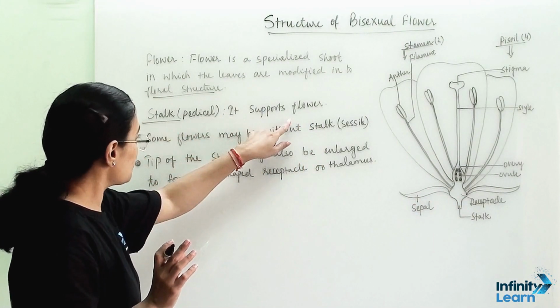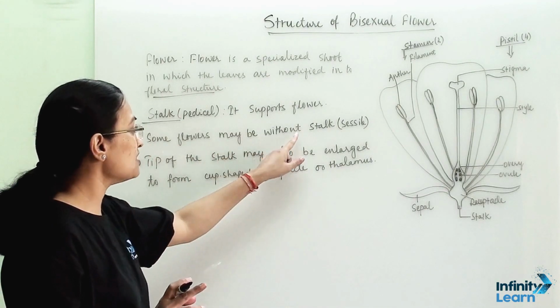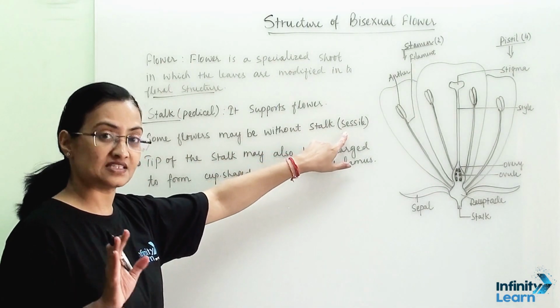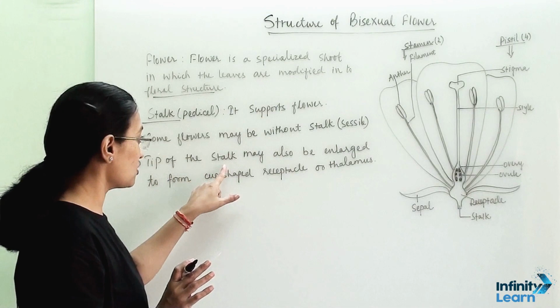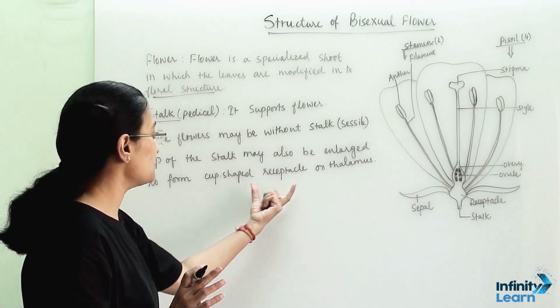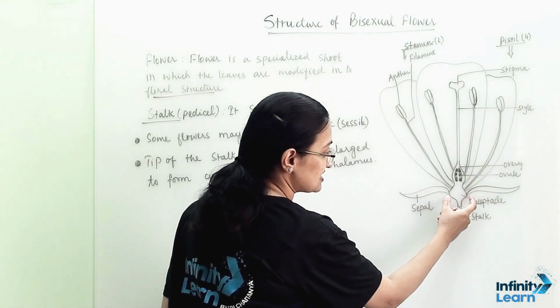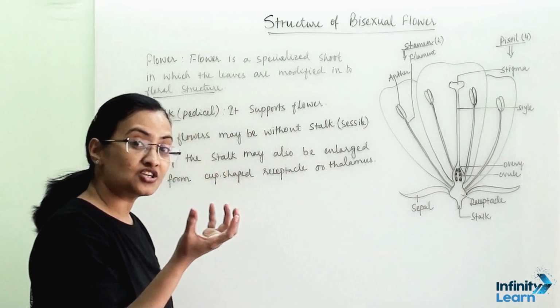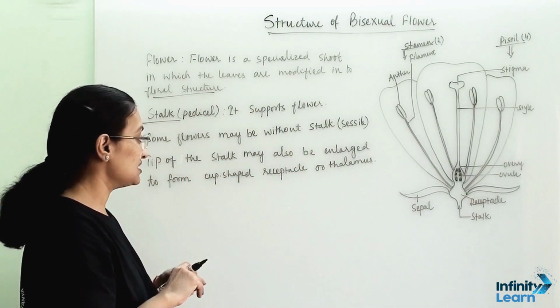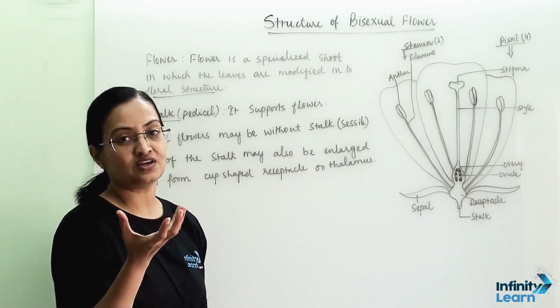So it supports the flower. It is also known as pedicel. Some flowers may be without a stalk and they are known as sessile. The tip of the stalk may also be enlarged to form a cup-shaped receptacle or thalamus. Here the receptacle is this. So it will enlarge and form a cup-shaped receptacle or thalamus, so it will support the structure of the flower.